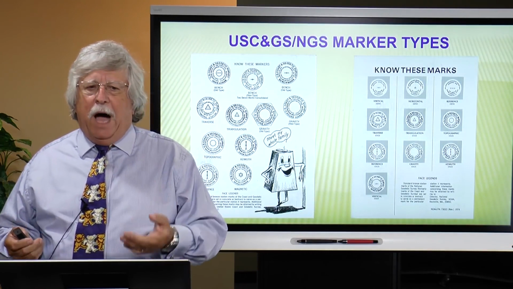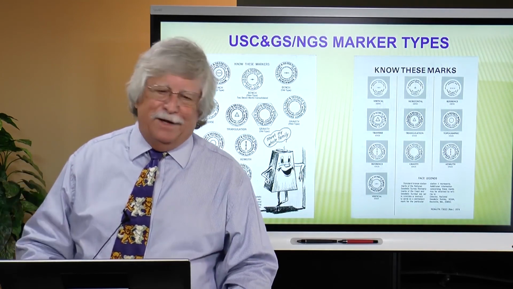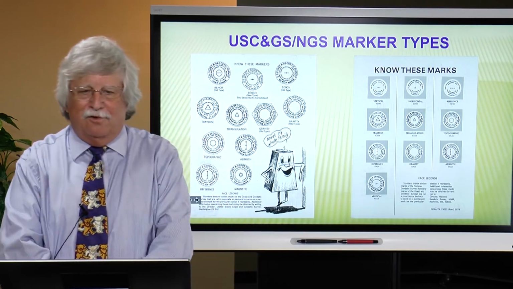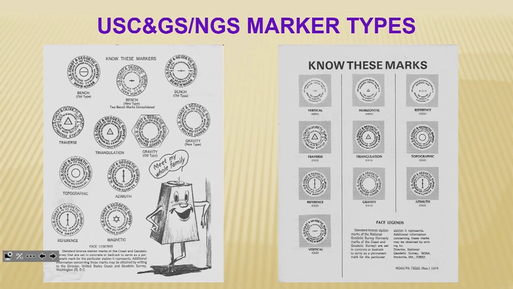And what they left behind is an important part of it, and I particularly like these. These were flyers produced by the Coast and Geodetic Survey and the National Geodetic Survey, often referred to as Marvin Marker. I love the name, but these flyers were intended to give users a little bit of an understanding of the different types of survey markers that were going to be placed in the ground.